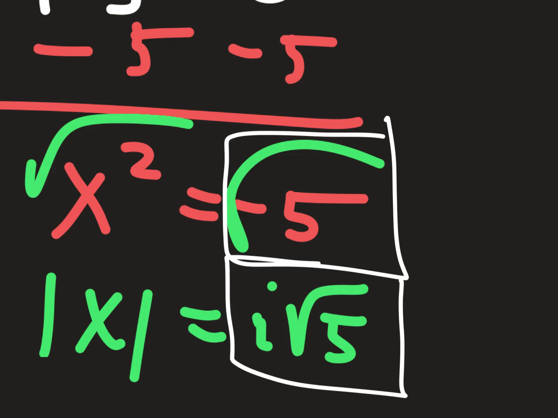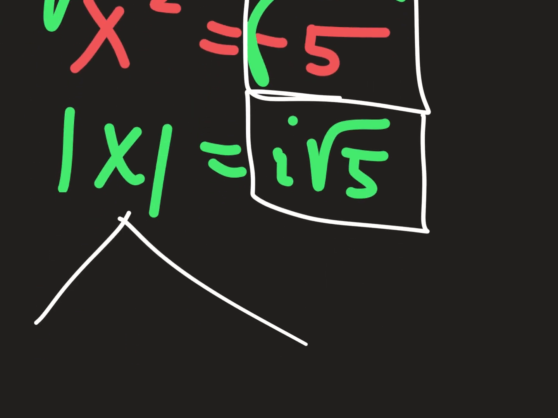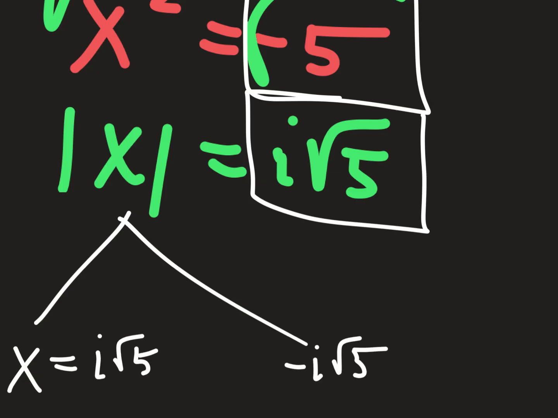It is not plus and minus yet. The reason it's not plus or minus is that comes from this. The split is where you get the plus and the minus from. See, the absolute value is still containing the x. To get the x out of that, you need to make separate equations. i root 5, negative i root 5.